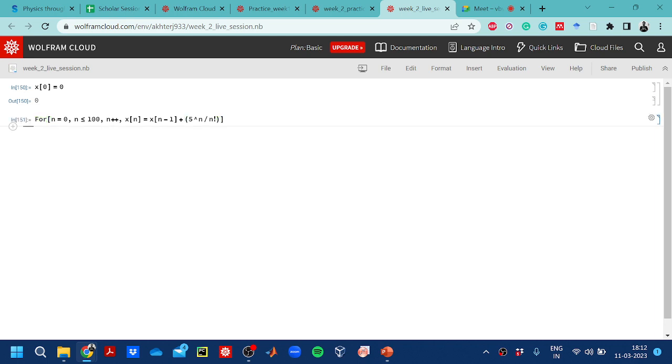If we evaluate this, we will get our value. If we want to see the values, then we have to get the Table: table of x to the power n, where the limit of n is from 0 to 100.